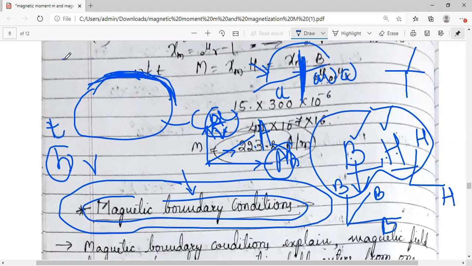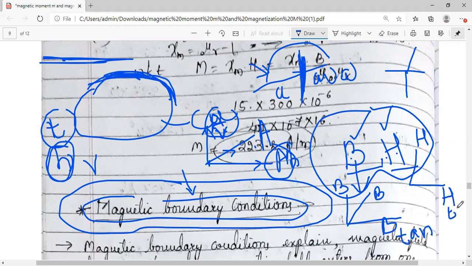What does tangent mean? At some point, it just touches. That is nothing but horizontal itself. So horizontal is analogous to tangential. So in field theory, in magnetism, we talk about the horizontal component as the tangential component.